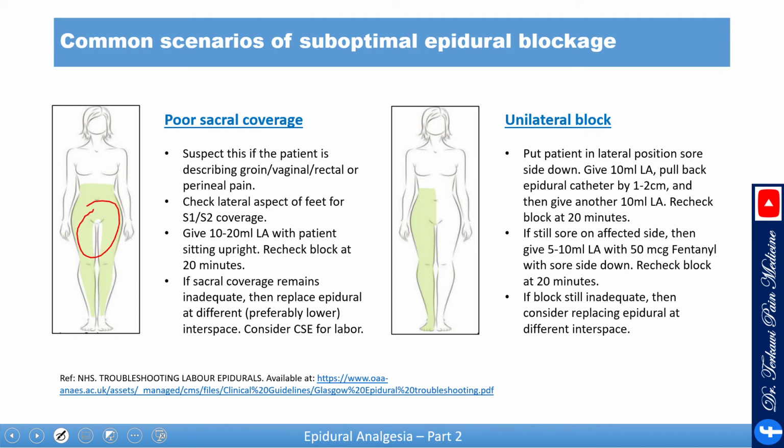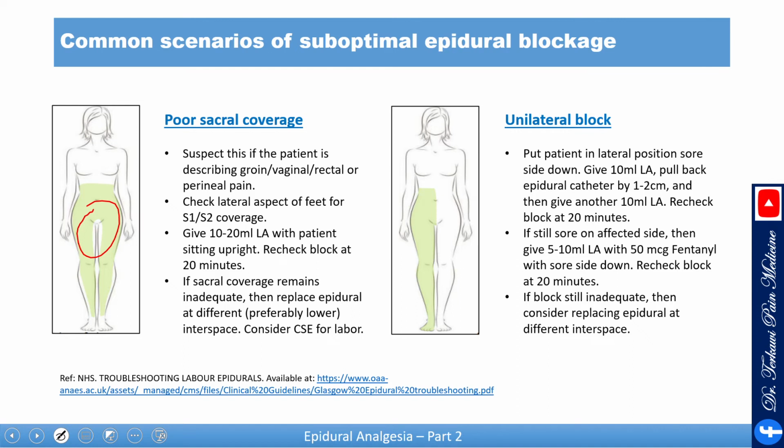If you have a poor sacral coverage here, then again, if it's a labor epidural, suspect this patient is getting close to her second stage, and the head of the baby is engaged, but appreciate the patient's complaint.